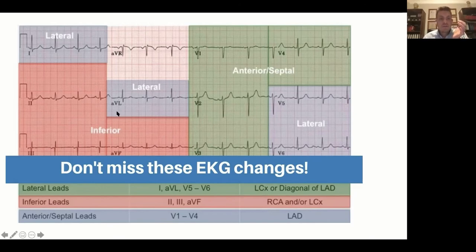I need you to understand this shape because even if you don't remember the leads per se, if you have a photographic memory, you will remember that anterior and septal will be on the precordial leads, the lateral part will be on lead number 1, as well as V5 and V6, and 2, 3, and AVF will be part of the inferior wall of the heart. This is relative to the views of the heart that we showed with the guy in the pictures with the vectors in the basics of the ECG lecture, okay?